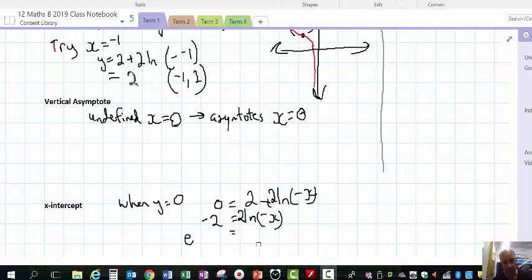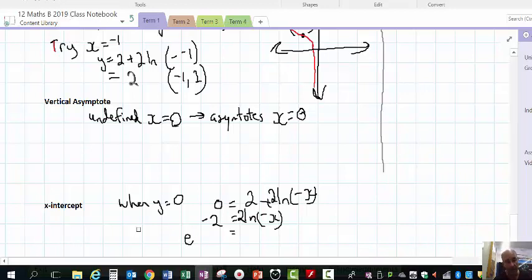We do some rearranging. Negative 2 equals 2 log of negative x, and then we divide by 2 first, I should say, on both sides. So we have now negative 1 equals log negative x.